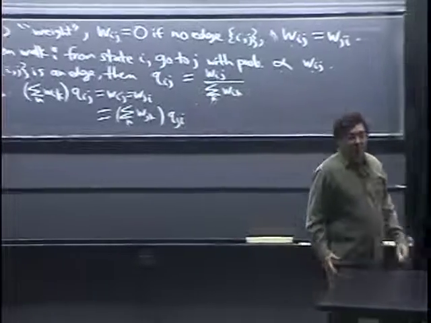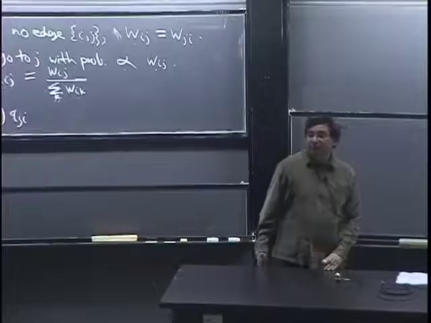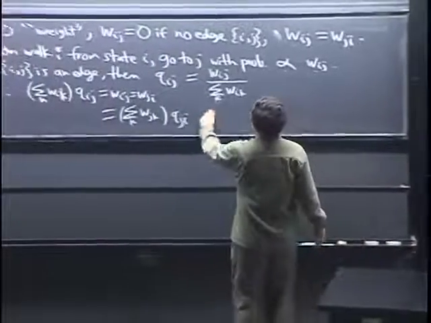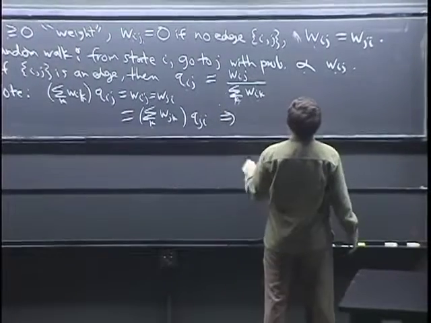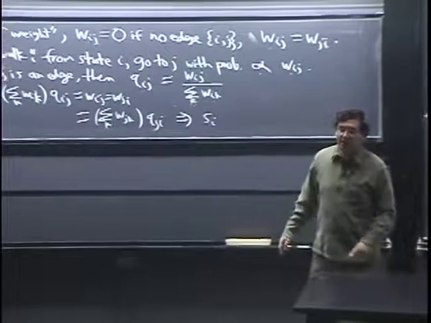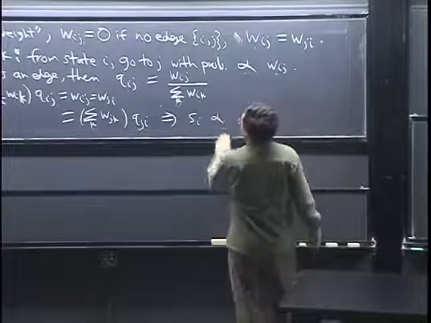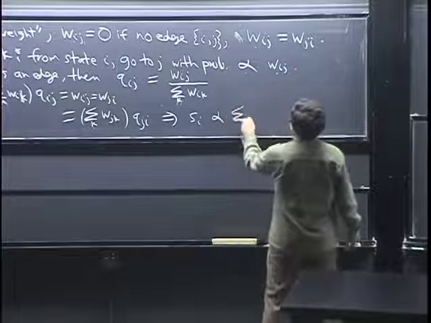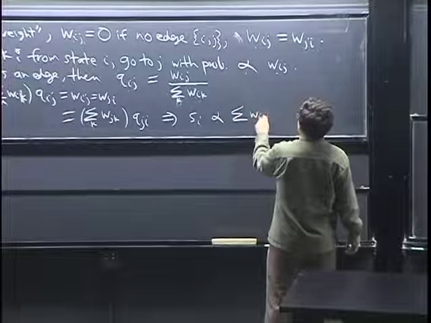That's the reversibility equation. So therefore, the stationary distribution Si, that is the stationary probability of state i, is proportional to this generalized degree, the sum of Wik over k.